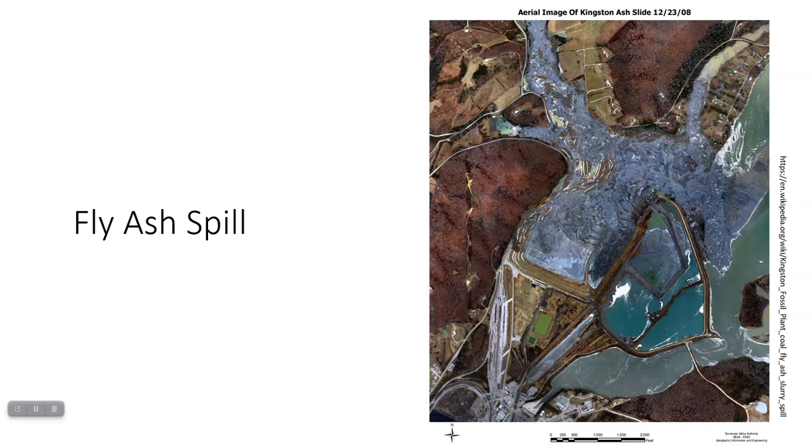So this was a big ash slide in 2008, where all of this black goo right here, that's all fly ash that leaked out of its containment area. Notice it's contaminating waterways. This is some sort of river or creek, and it contaminated a large area of land.